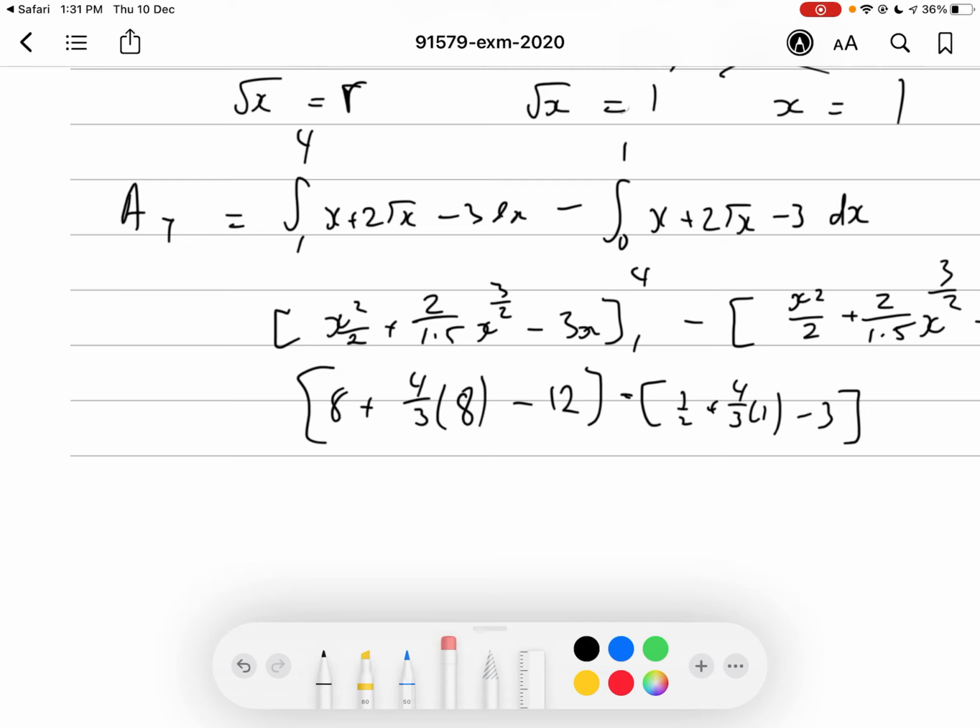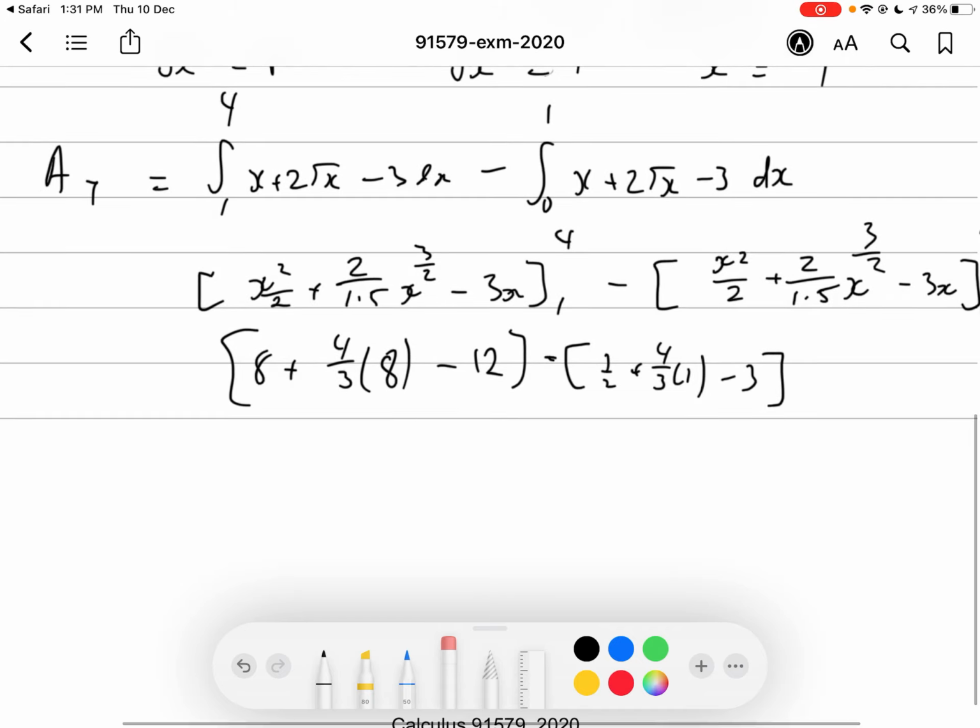Minus. Okay, so we just do this first. We should get 8 plus 4 over 3 times 8 is 12, minus 0.5, minus 4. Right, okay. I think I'm getting the answer of 7.83 here. So this equals 7.83 units squared.